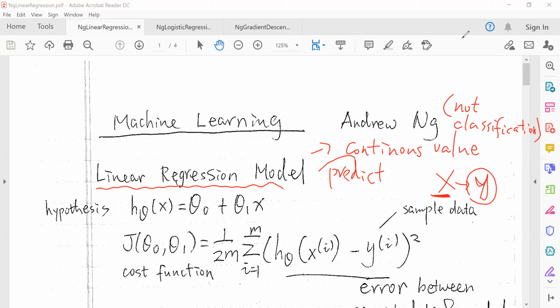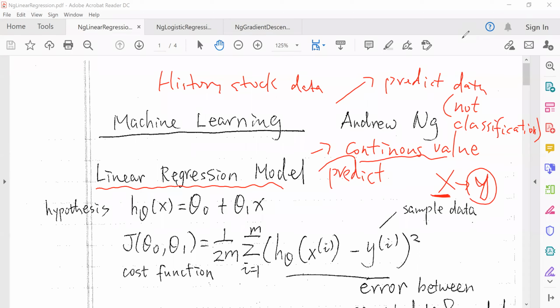It's something like, we have historical stock data, and then you can predict tomorrow's stock data based on some features. So it's continuous, not discrete.